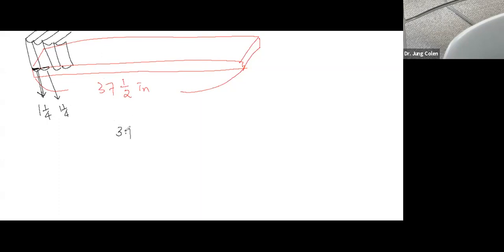37.5 divided by 1 1/4. You guys agree? Yes, me too. Okay, so to solve this one, how can we solve it? Change the mixed numbers into improper fractions. Yeah, that's one way. Or we can use the distributive property too.